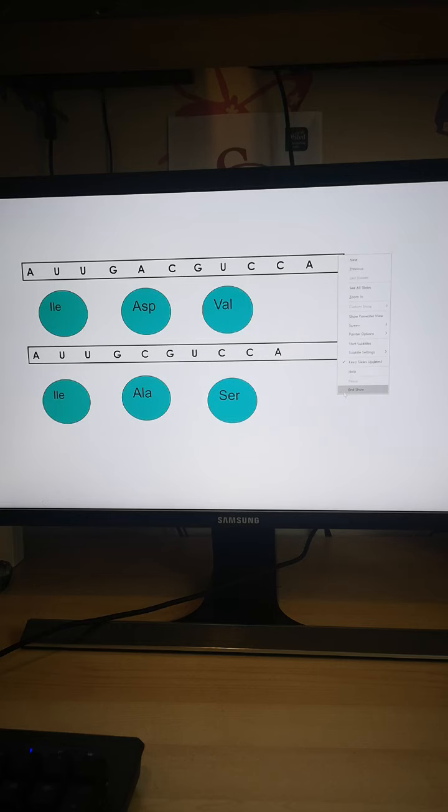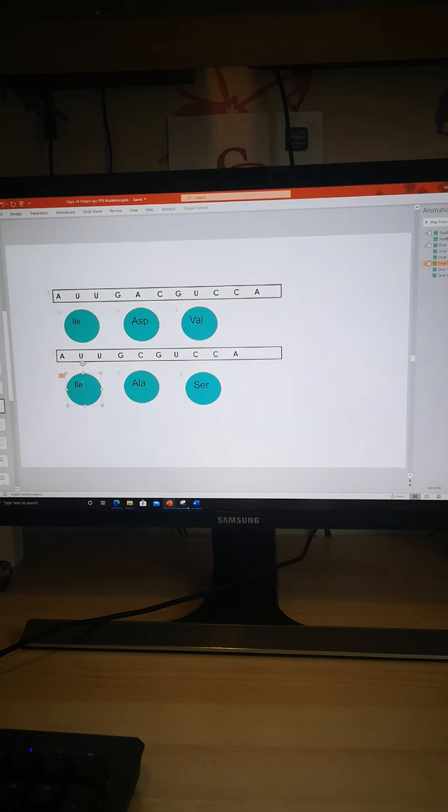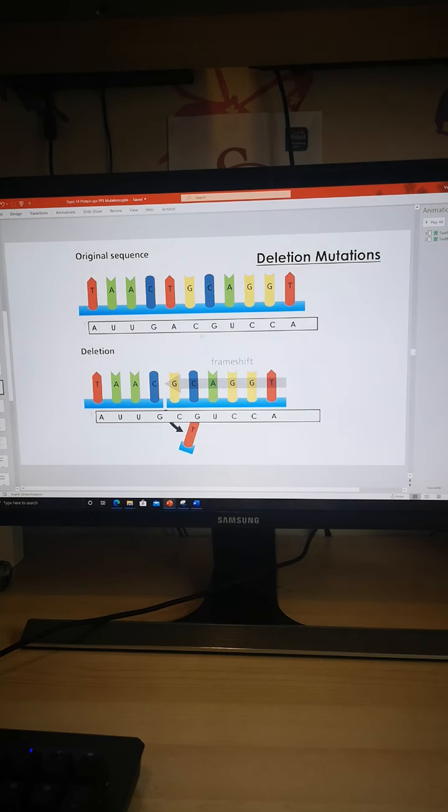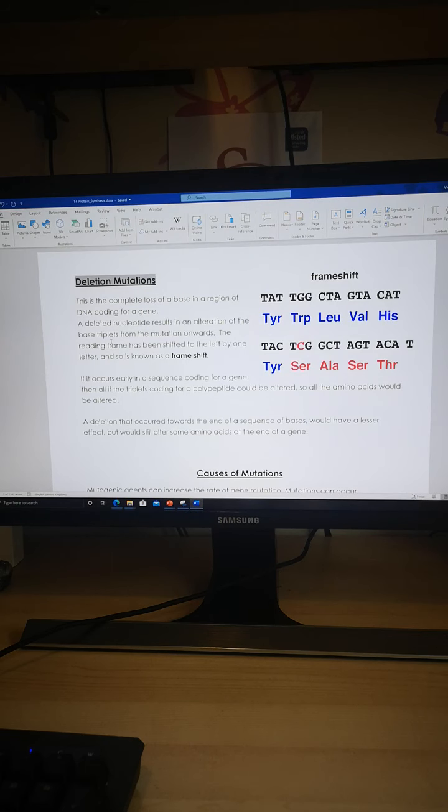Okay, so back in to your keynotes. Remember that diagram in your keynotes is showing a different kind of mutation. It's not a deletion mutation, but I'll come to that one in a second. So the deleted nucleotide, like the one we've shown in our picture here, has caused an alteration in the base triplets from the mutation onwards.